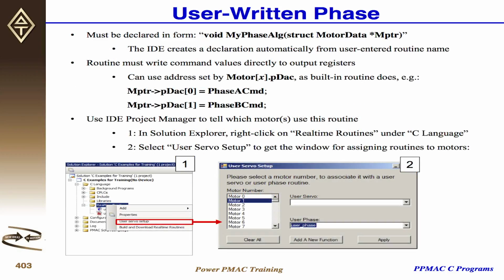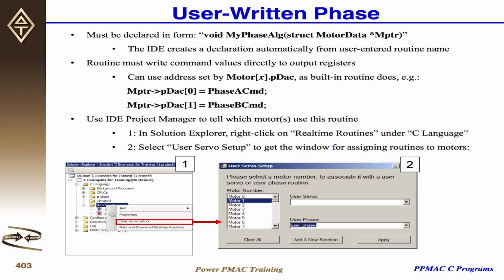So the form for defining your user-written phase is void, and then the name, you can give it whatever name, and then it receives struct motor data star in PTR. And then at the end of your routine, you can write the phase A and phase B commands, which are basically current commands for phases A and B of your commutated motor.